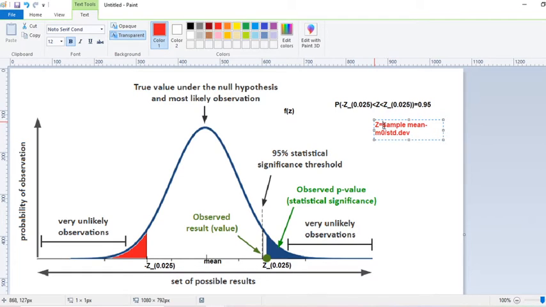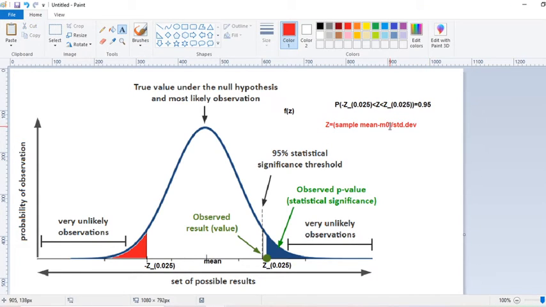This is the formula of Z. Suppose you have to check mu naught equal to 3, so put mu naught as 3 here.